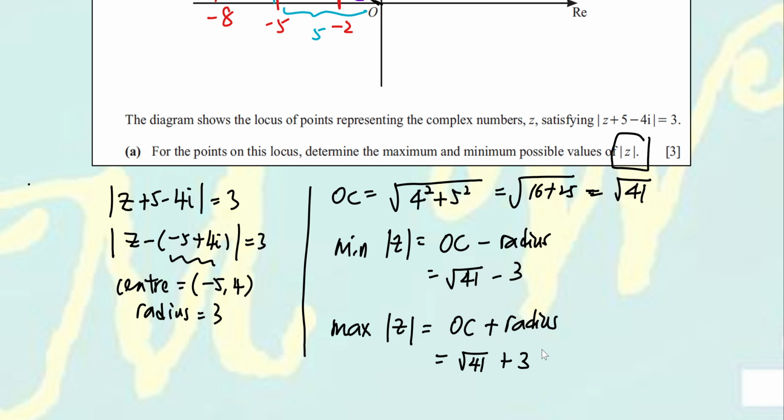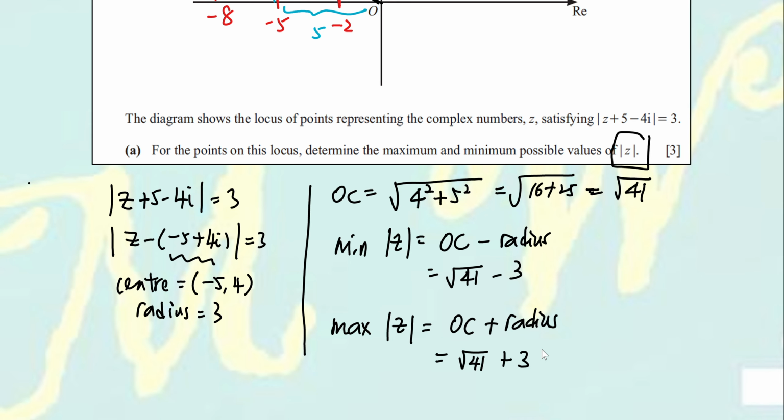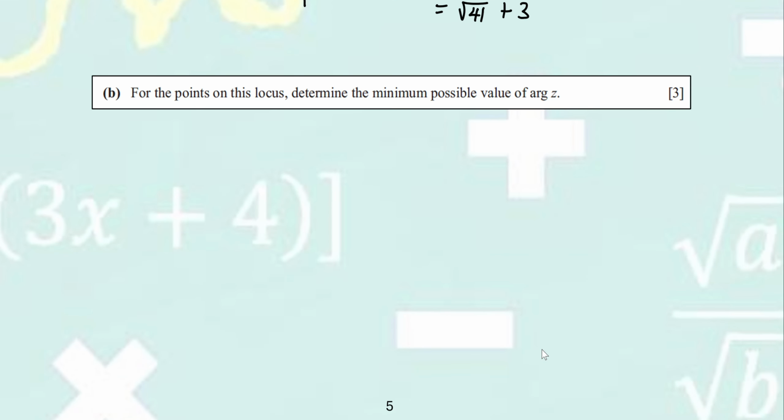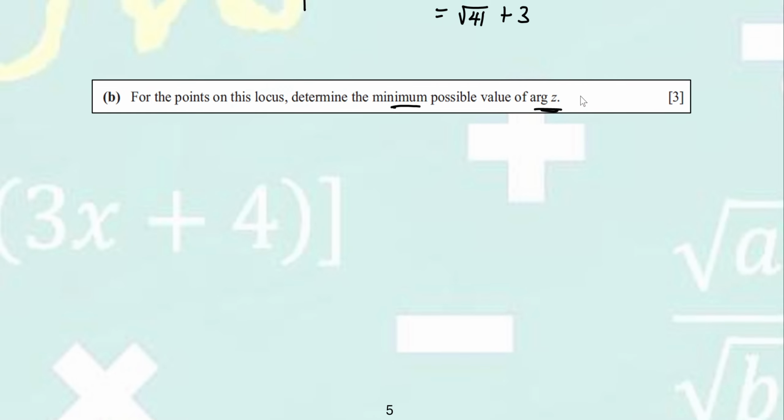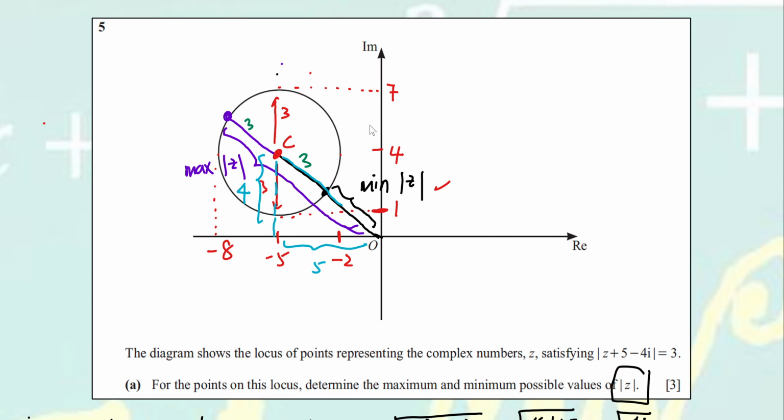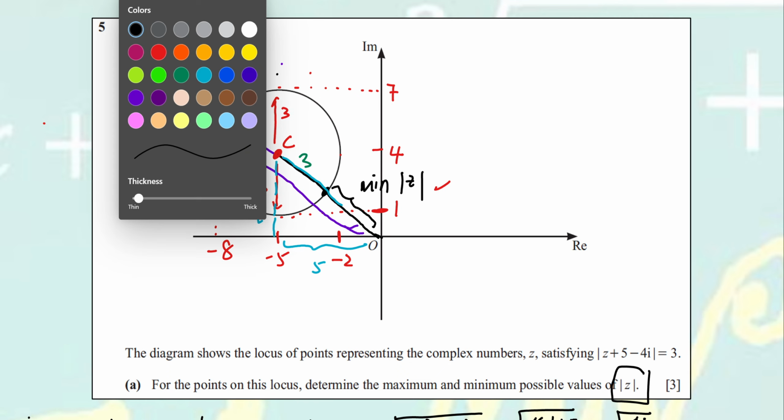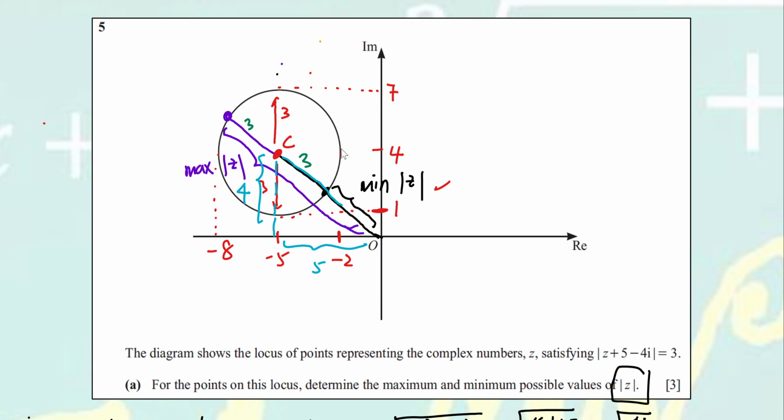Okay, now part B. Find for the points on this locus, determine the minimum possible value of argument z. Argument is the angle. So basically the argument, you have to refer to this.